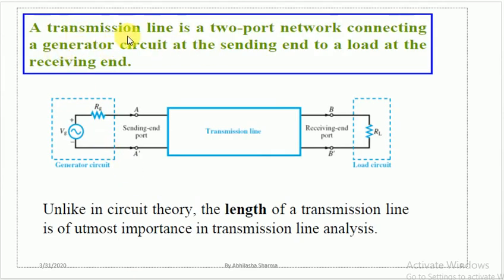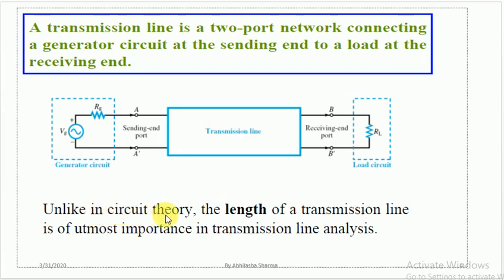Yes, so next, how to define the transmission line? A transmission line is a two-port network connecting a generator circuit at the sending end to a load at the receiving end. So whenever we compare the analysis of the transmission line with the circuit theory, then what happens?